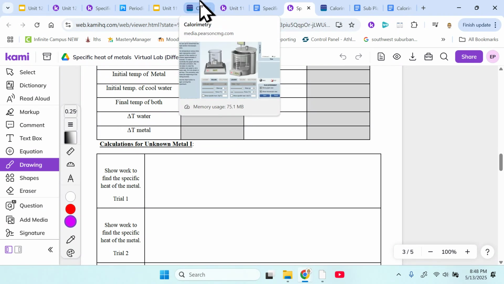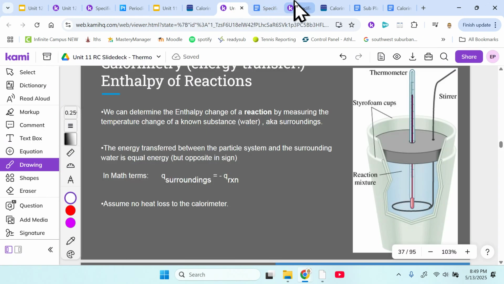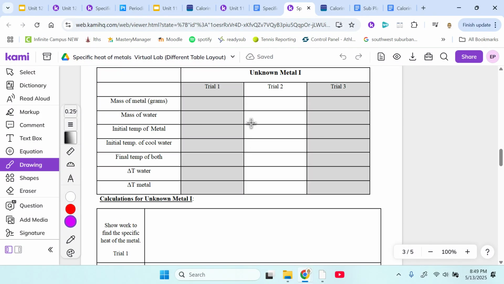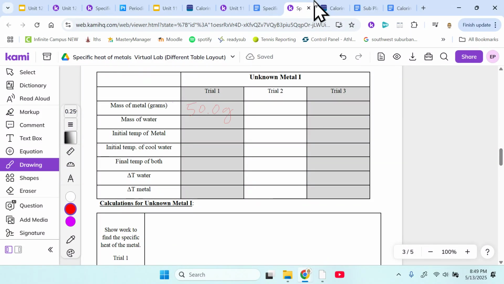Okay, well, let's get back to our trial. So we've got the following things, 50 grams, 200 Celsius. I'm going to go ahead and record that with you all. We'll do one trial together. Mass of the metal is 50.0 grams. The mass of the water, what did I do?